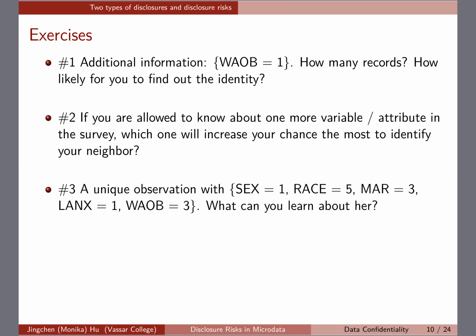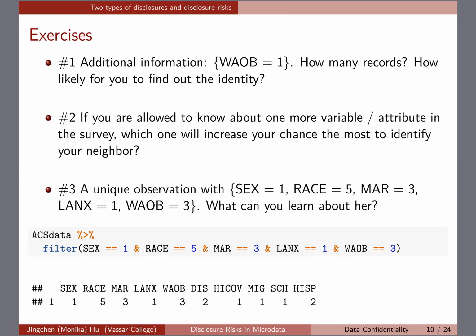And what about number 3 here? This is a unique observation, so if you actually look at this combination, you'll uniquely determine who that person is in that survey. So I actually have it here for you, a printout of that particular record down here. Okay?